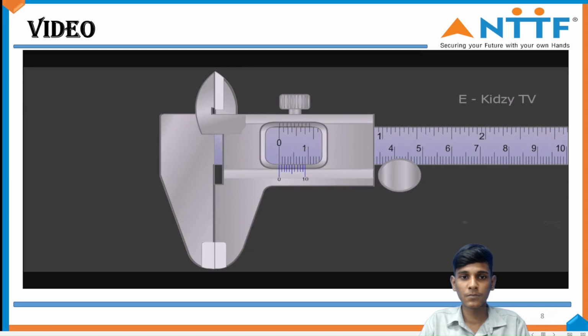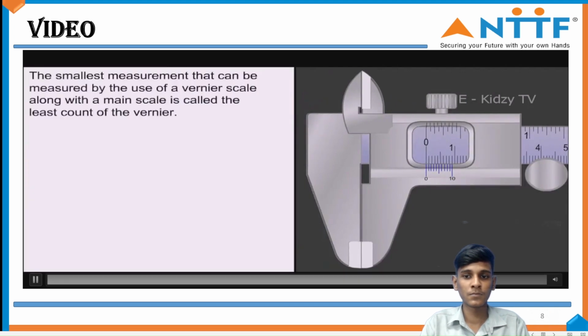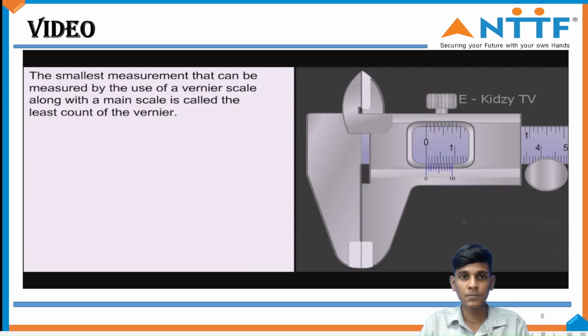The difference between the value of a main scale division and a vernier scale division represents the smallest length that can be measured. The smallest measurement that can be made using a vernier scale along with the main scale is called the least count of the vernier.